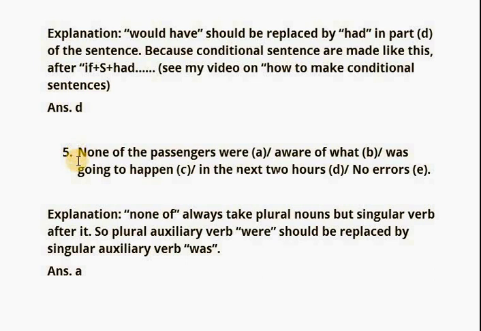And you can reframe the sentence as: none of the passengers was aware of what was going to happen in the next 2 hours. The explanation is given below. None of always takes plural nouns but a singular verb after it, so the plural auxiliary verb were should be replaced by the singular auxiliary verb was. Your answer is A.